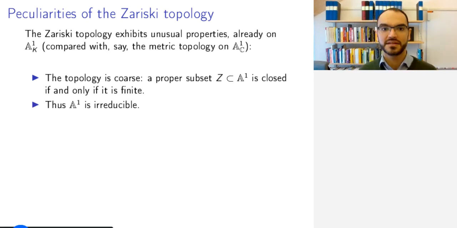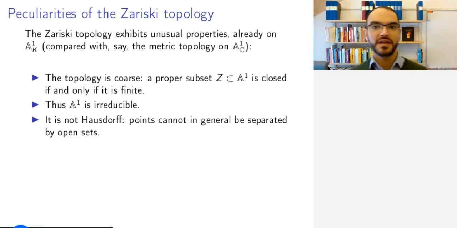In particular, this means that A1 is irreducible. You cannot write it as a union of two closed subsets. Because remember, our field is algebraically closed, so it is infinite. So A1 has infinitely many points, and all closed subsets have finitely many points.